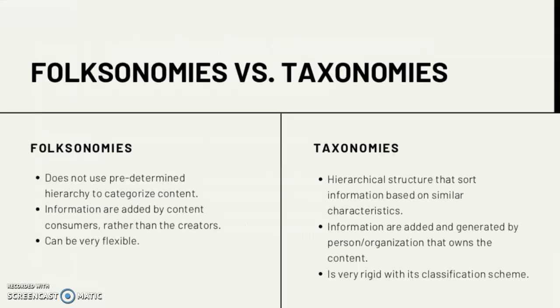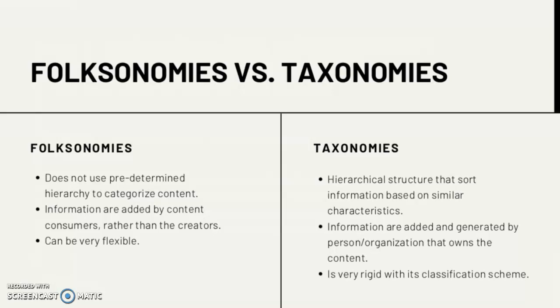So there are a few differences between folksonomies and taxonomies. Taxonomies is more of a hierarchical structure that sorts information based on similar characteristics to create an organized way of categorizing material, while folksonomies does not use predetermined hierarchy to categorize content.